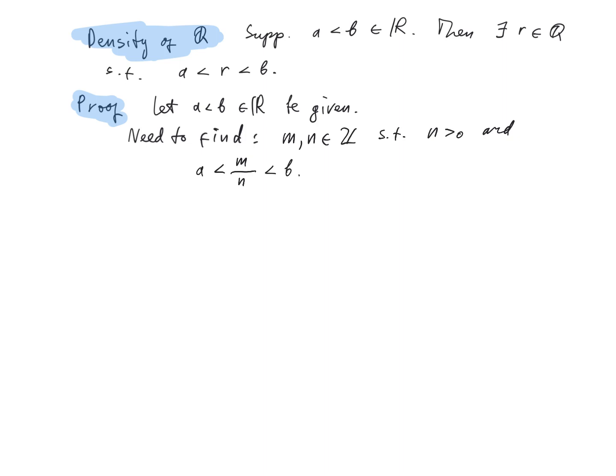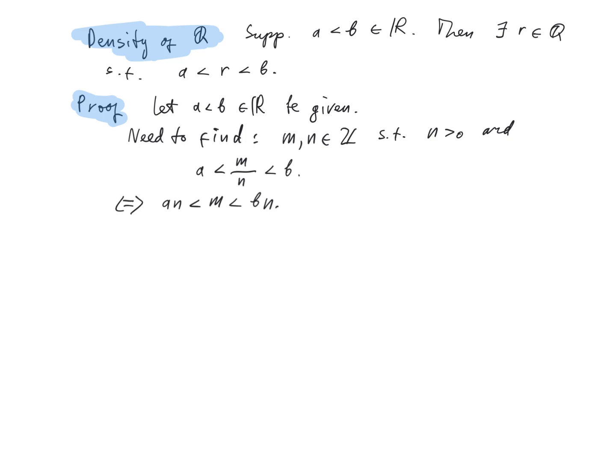Now, multiplying by n, this is equivalent to saying that an is less than m is less than bn. This means we need to find an integer m in the corresponding interval an, bn.